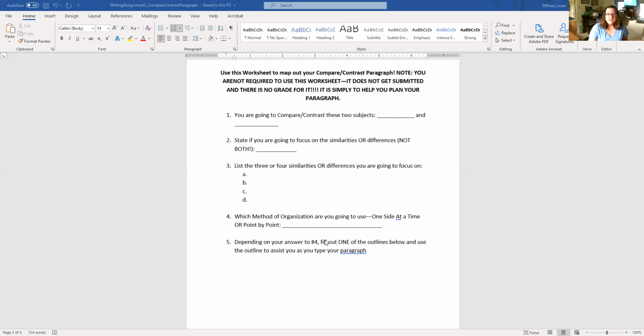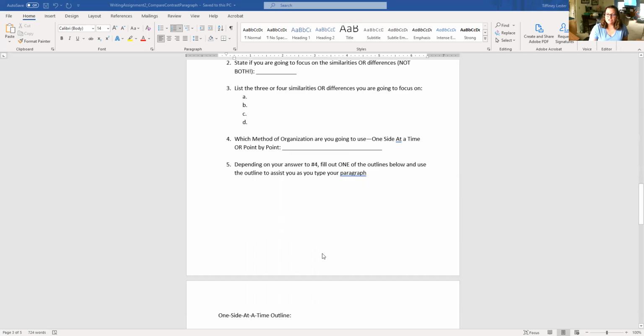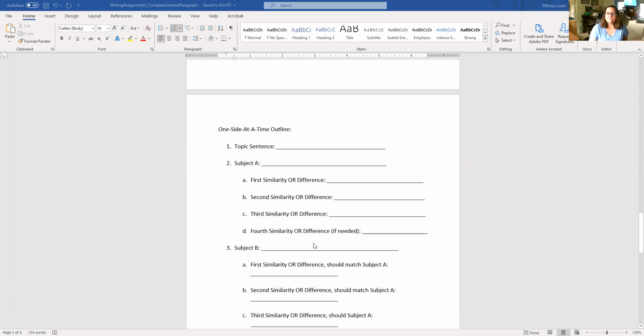And number 5 here says, depending on your answer to number 4, fill out one of the outlines below and use the outline to assist you as you type your paragraph. So if in number 4 you decided you're going to use the one side at a time method, then you're going to use this first outline to help you.